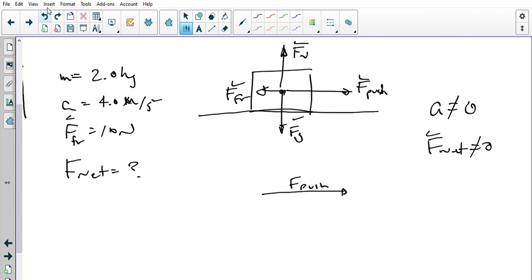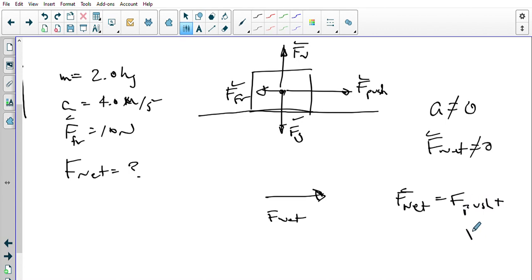The diagram is going to look similar. Our net force is the accelerating force. This is our force net. And our force net is going to be equal to, well, what forces? We're going to have the force of our push plus the force of our friction. So there's our net force. In essence, this is our resultant because that's what we're adding up.